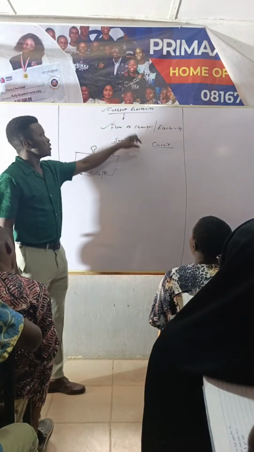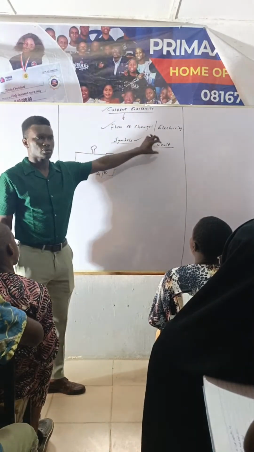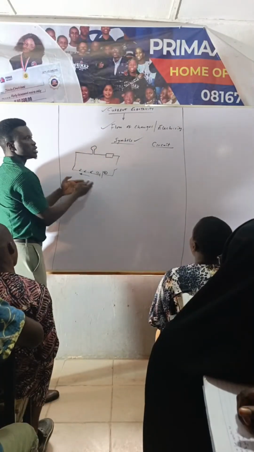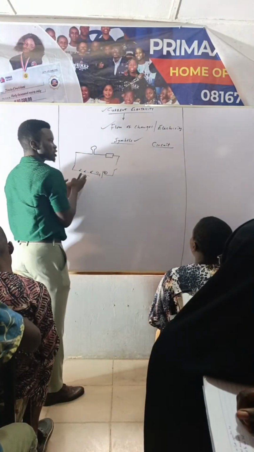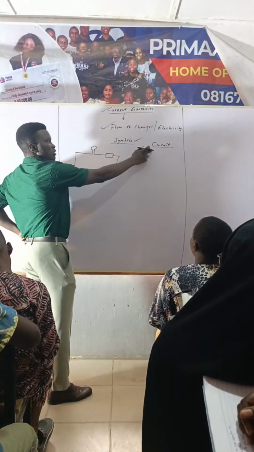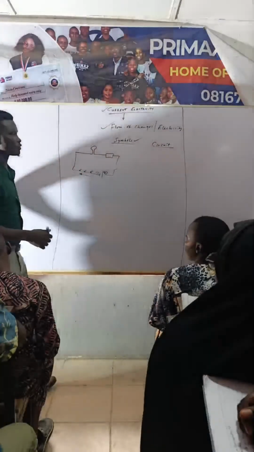So we said charges must flow. What path will the charges flow through? Through a circuit. So the charges continue to flow in this place, and that is called a circuit. Now, we have different types of circuits. But before I talk about the types of circuits, let's look at the symbols you might get to see oftentimes.